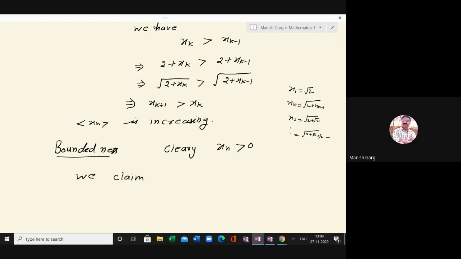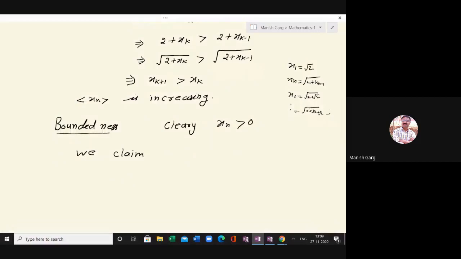This is an idea, an observation; I am not saying it is bounded by 2 yet. So we claim that xn is less than or equal to 2 for every natural number n.